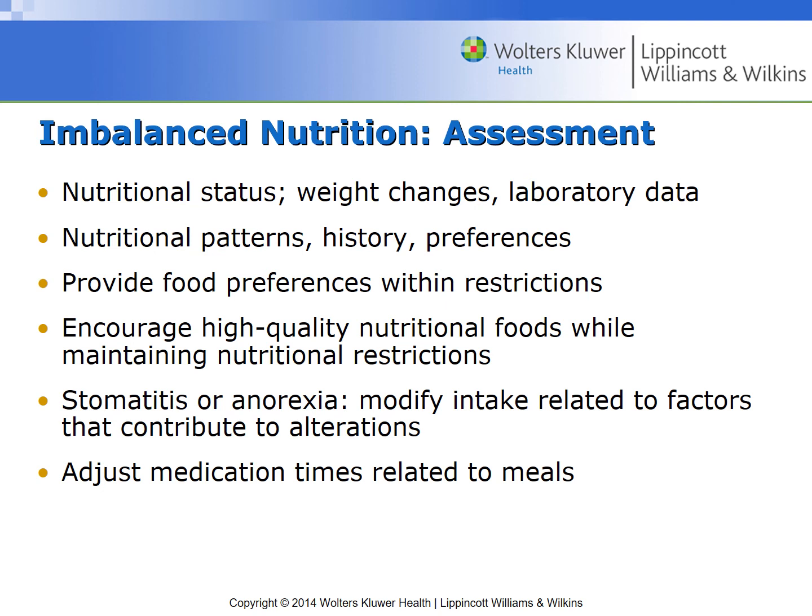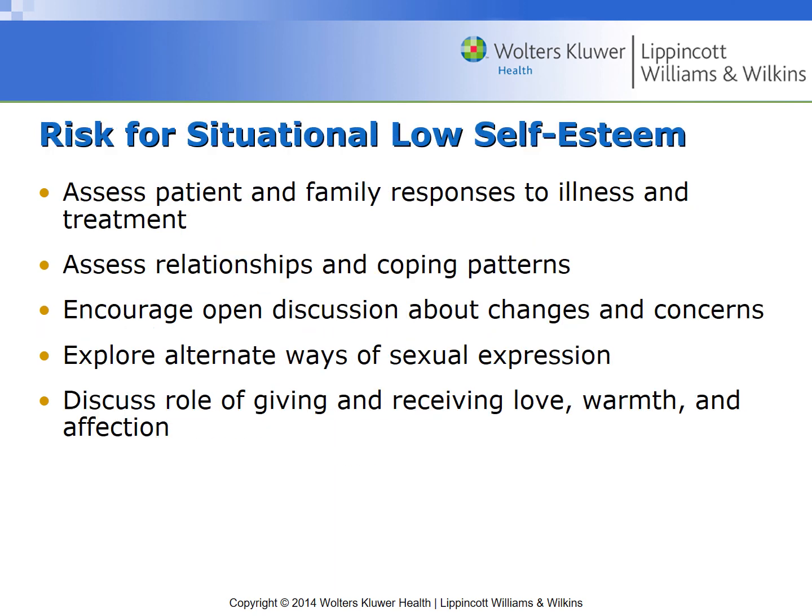Needs to be high quality, nutritious foods. And stomatitis and anorexia, we got to watch about that, because anytime the oral mucosa is inflamed, it's going to be difficult for them to eat certain foods, any kind of spicy foods, anything that's very hot or very cold. We just need to work with the patient on that.